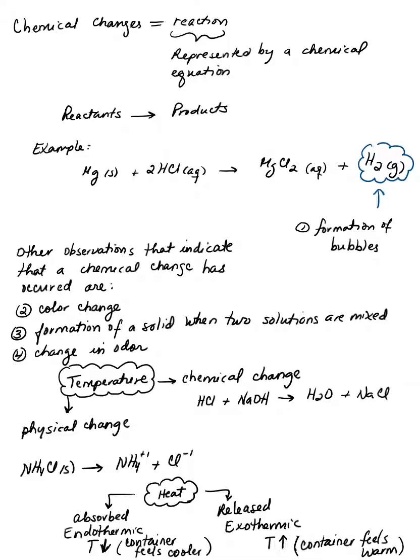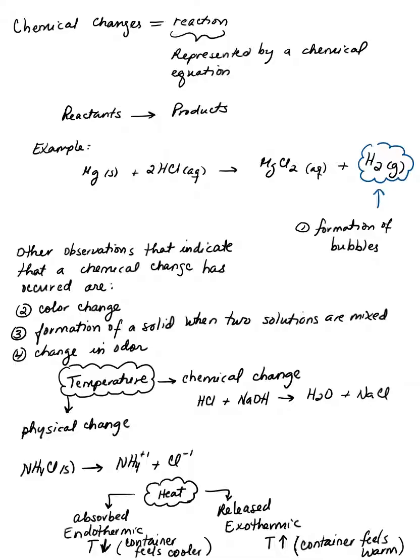So formation of bubbles, color change, and then we have number 3, which is formation of a solid. Sometimes when we mix two solutions together, those solutions are aqueous solutions, and one of the products that you get out of the reaction is a solid. That solid is called a precipitate.